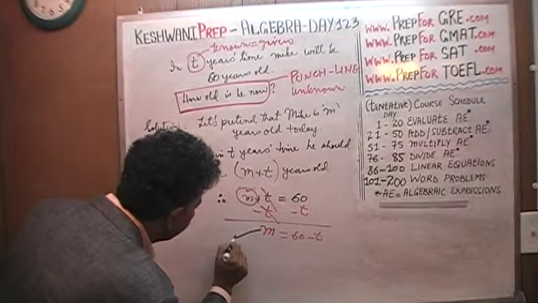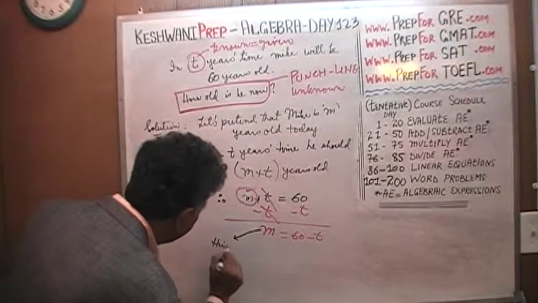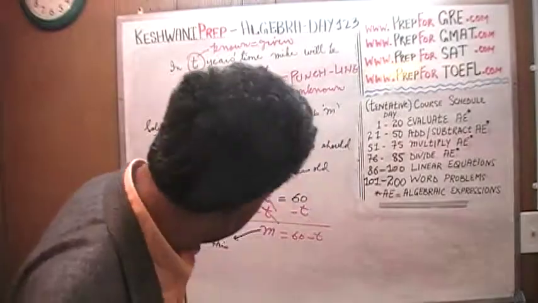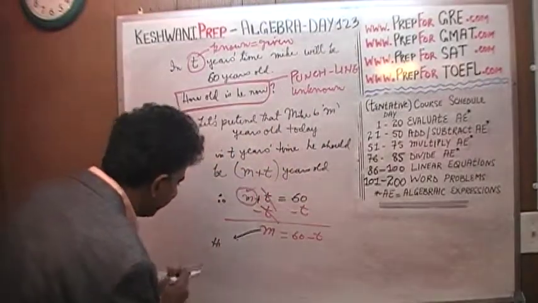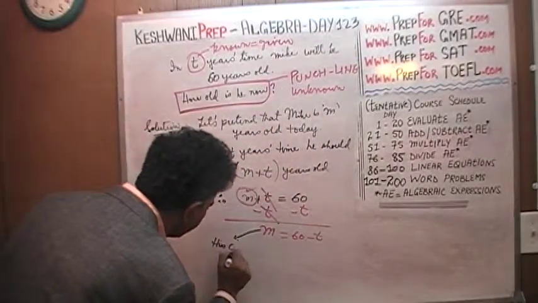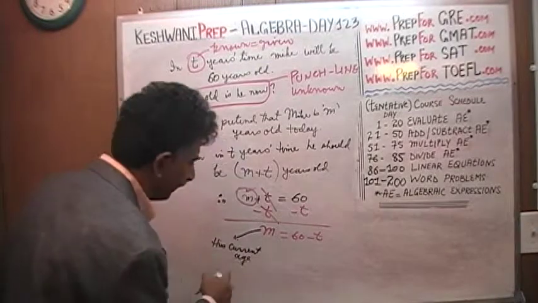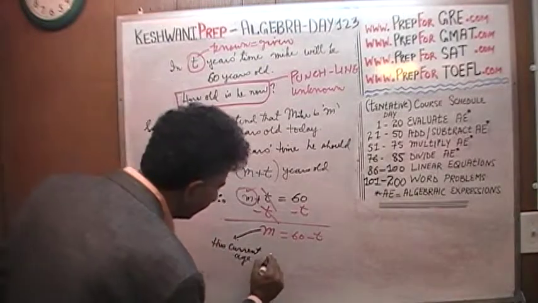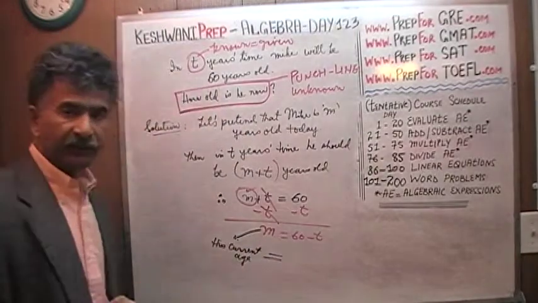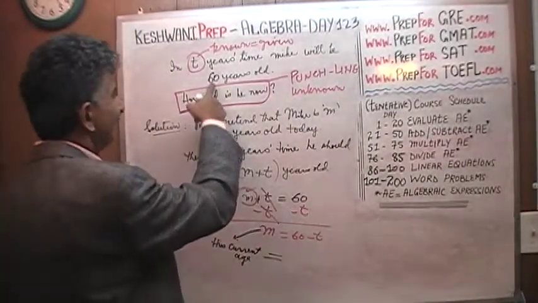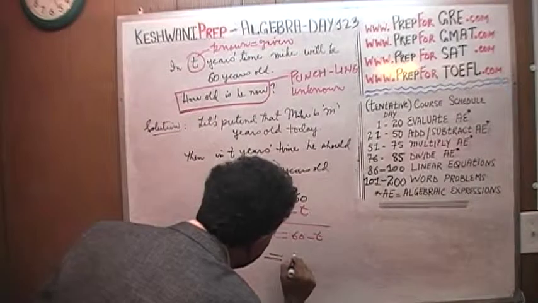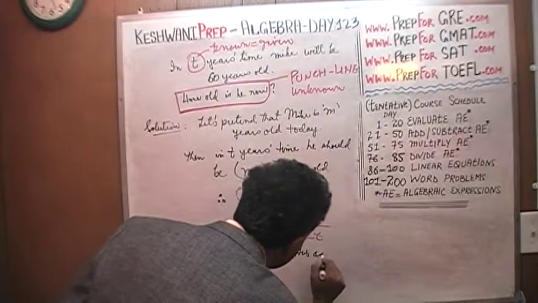M represents his current age, and we are claiming that his current age equals, what does 60 represent? 60 represents his age T years from now.